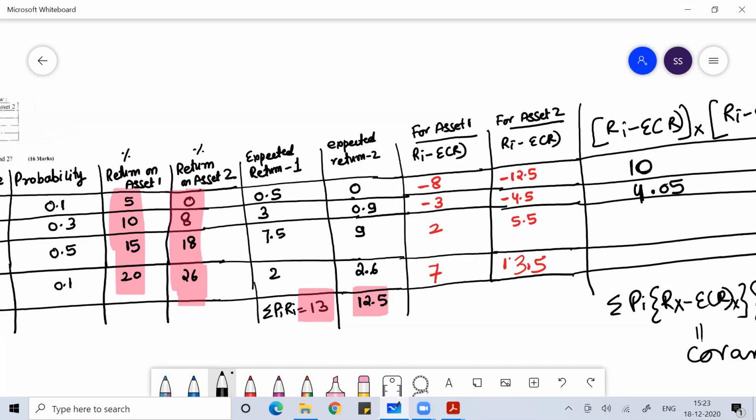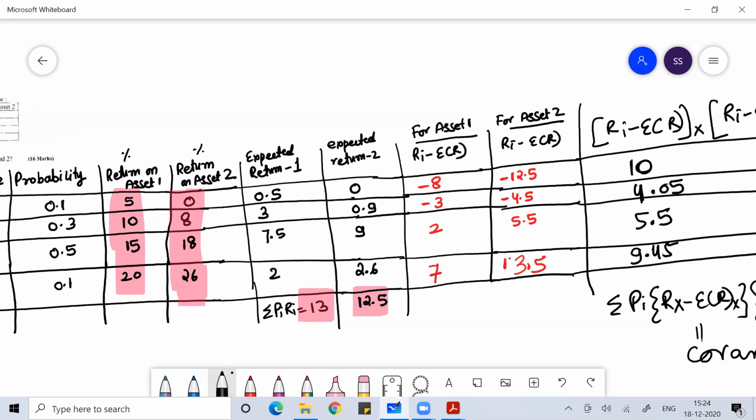Then 2 into 5.5 is 11, and 11 into 0.5 gives 5.5. Then 7 into 13.5 into 0.1 gives 9.45.